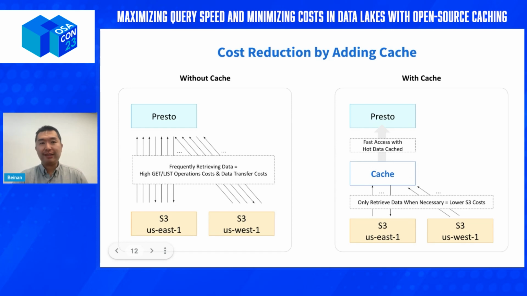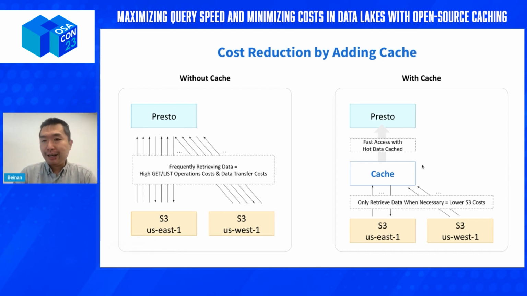It will retrieve the data, with list operations, data transfer operations, something like that. Because as I mentioned, nowadays most compute engines are storage independent, which means they always fetch the data from remote, just like Presto. So every call will go to the under storage, no matter if it's local or remote.